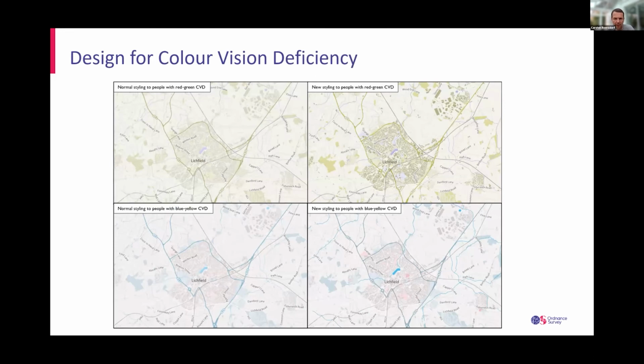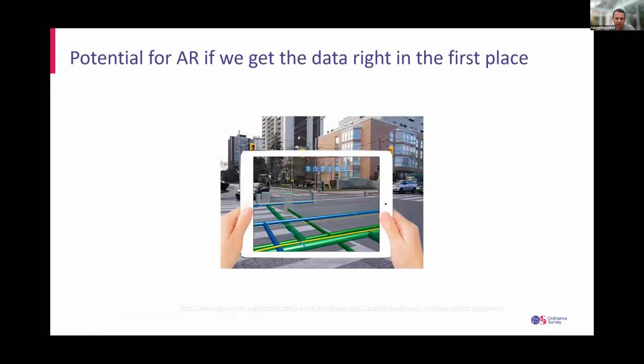And this is a slide that I actually got from Paul Naylor in terms of the color vision deficiency, for both green and red and blue and yellow, which I understand to be two of the predominant types of color vision deficiency, where on the left-hand side you see how a particular map image would look to somebody with these deficiencies, and then the improved styling, which would bring a lot of the geographic features on this map out a lot more clearly.